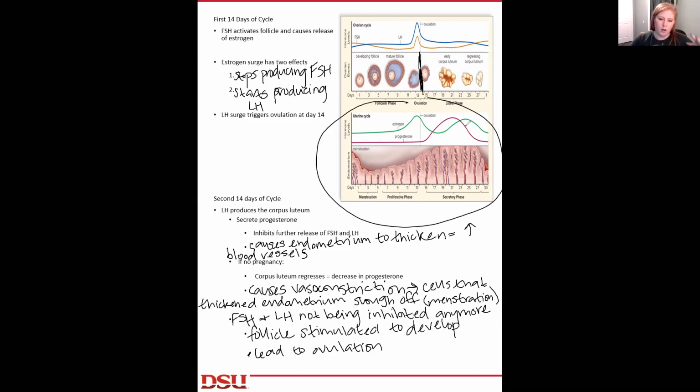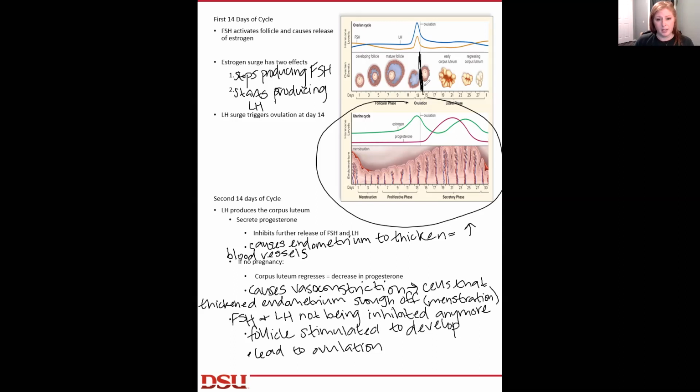And then, while all of this is happening as far as hormone production and hormone release, and while it's doing all of this stuff with follicles and egg release and blood vessels and endometrium lining, it also has all kinds of other effects. Some women experience them worse than others. The hormone surges have effects on other parts of the body, which can affect mood, behavior, all kinds of things.